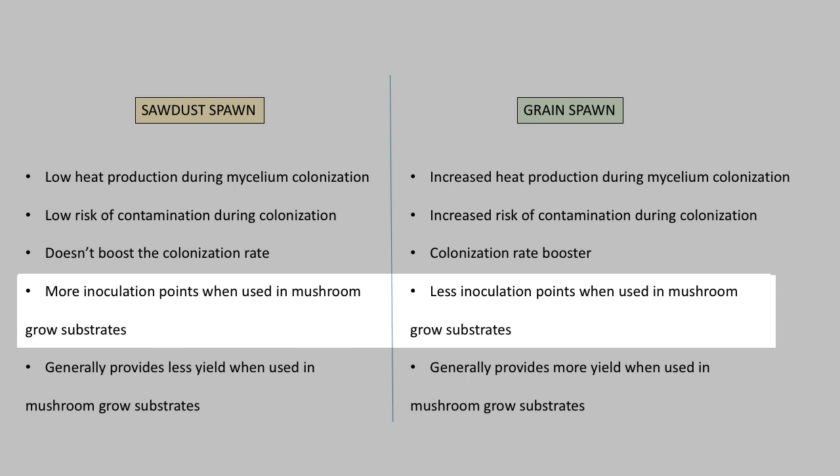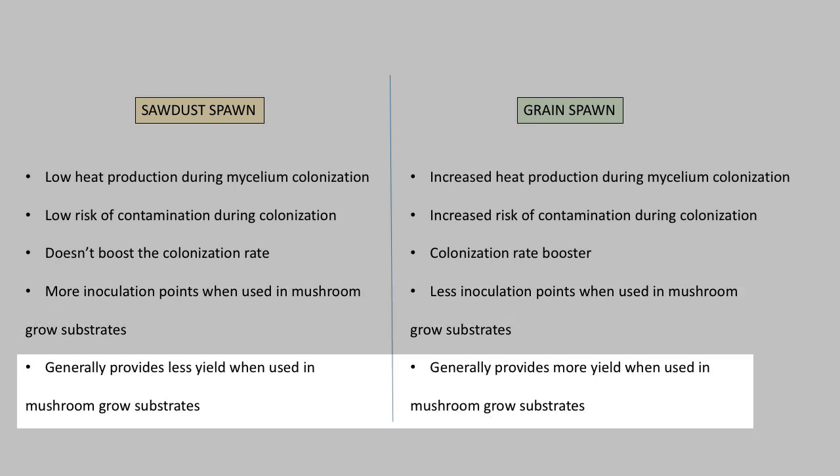You will see a difference in substrate colonization time. Sawdust, it's a mass of wood granules of different sizes. So they're smaller than cereal grain and therefore they will provide more inoculation points when used as inoculum to a mushroom substrate recipe. When we use grain spawn as inoculum for mushroom substrate recipes, we may observe variations in mushroom fruit body yield.